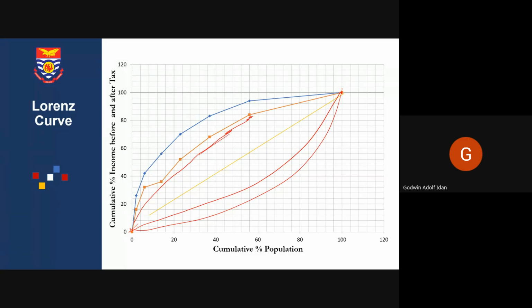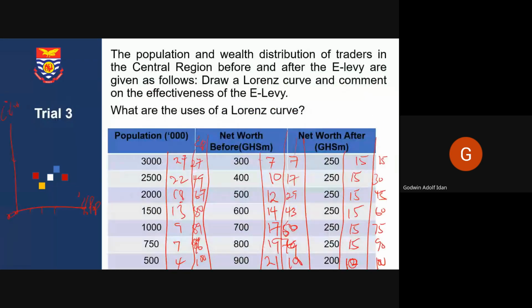However, we just want to know how close these curves are. So if the before is far away from the after, then it means that the introduction of the tax is effective. Now let me make it more practical. If you look at the table there, naturally you realize that a lot of people within the organization are receiving very low salaries.